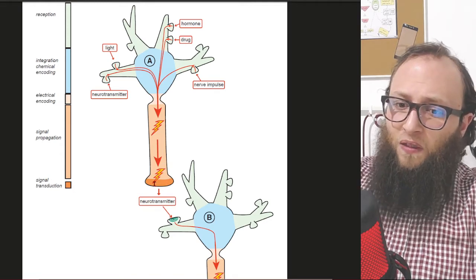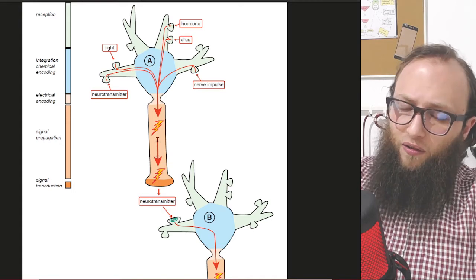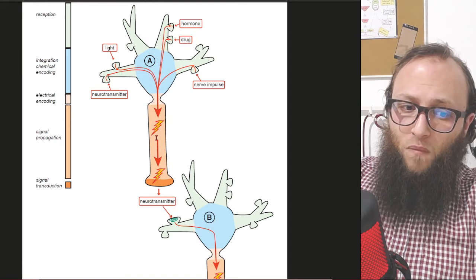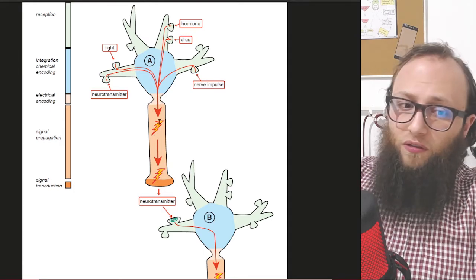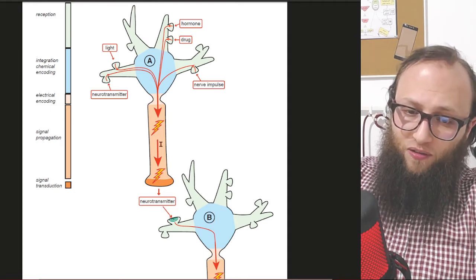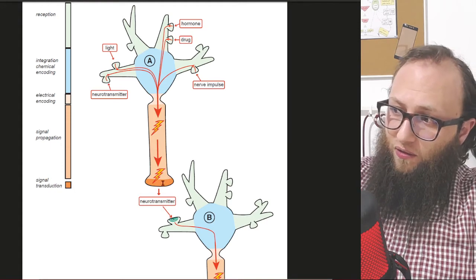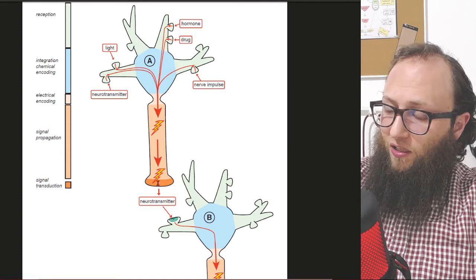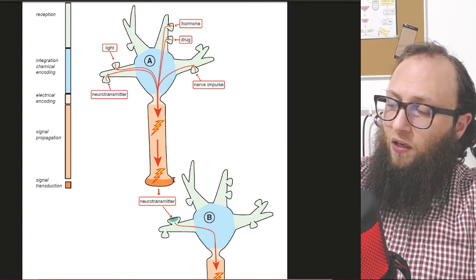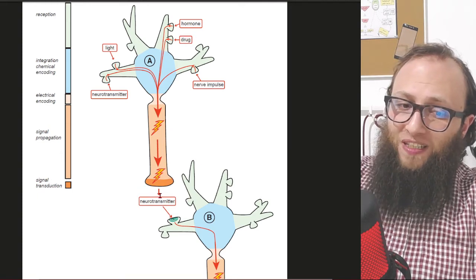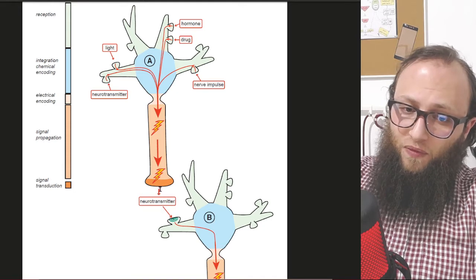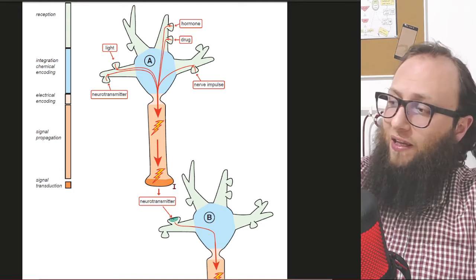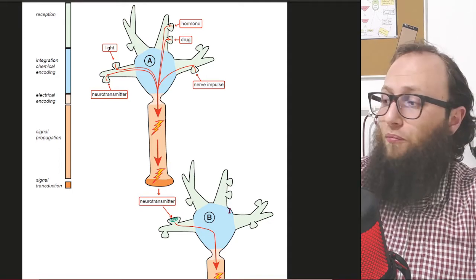These electrical impulses are then converted into chemical messengers in the terminals here. This is what's called signal transduction. So the electrical impulse is converted again to chemical messengers, which are released to stimulate the receptors of the postsynaptic neuron.